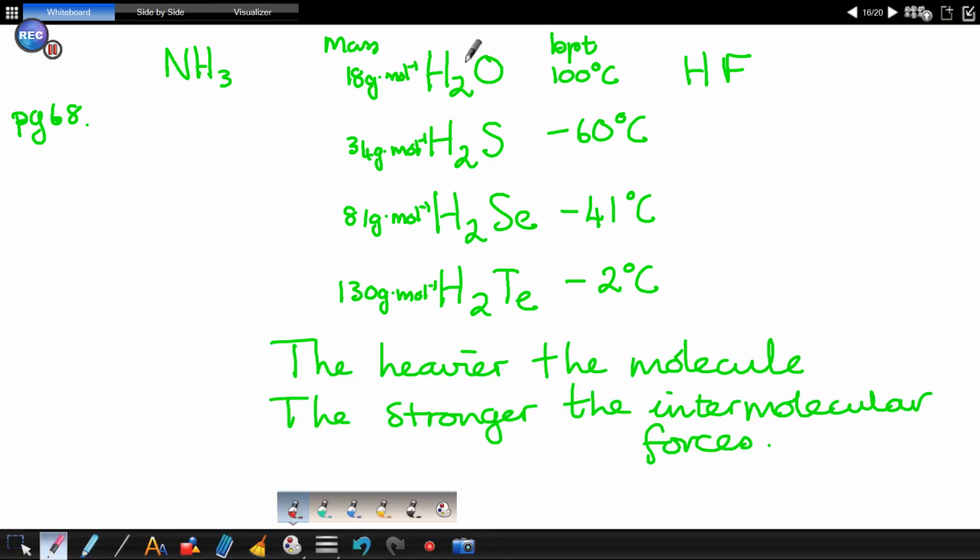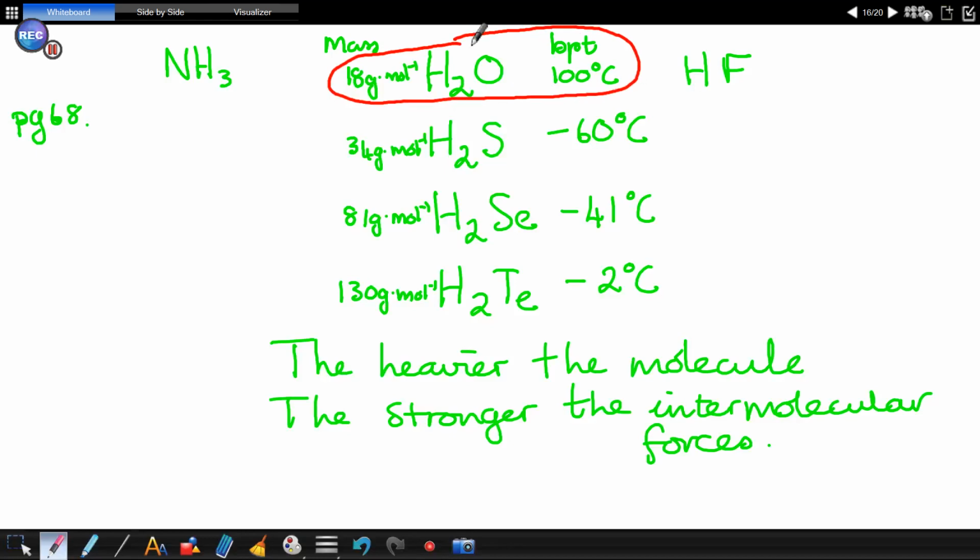With the smallest mass, we expect the boiling point to be the lowest. We expect a lower boiling point. But because of the hydrogen bonds, the boiling point is higher than any of the others.